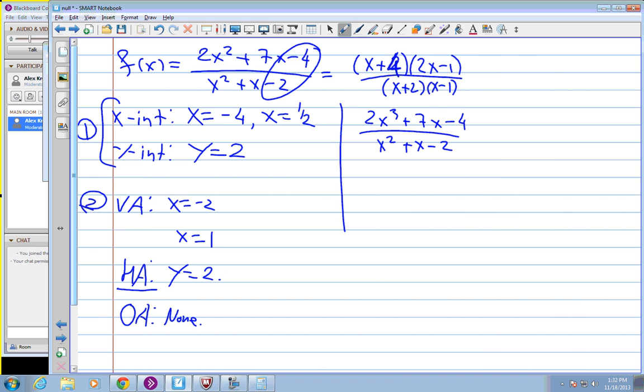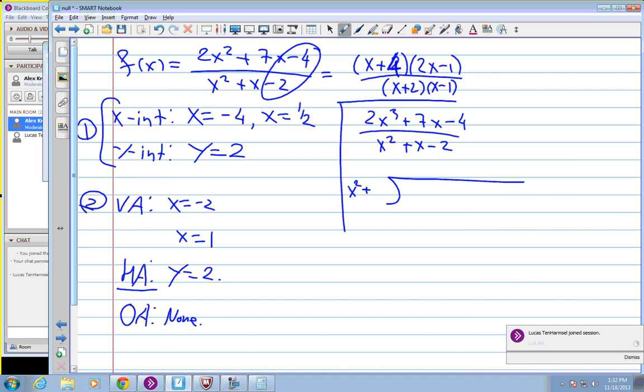But you would have the oblique asymptote, and to find it, you would actually have to divide. So you have to perform the long division here. And you have to be very careful because we're missing a square in our numerator.